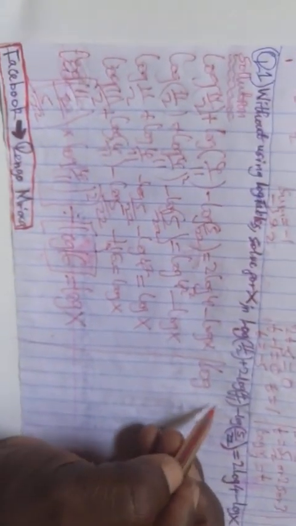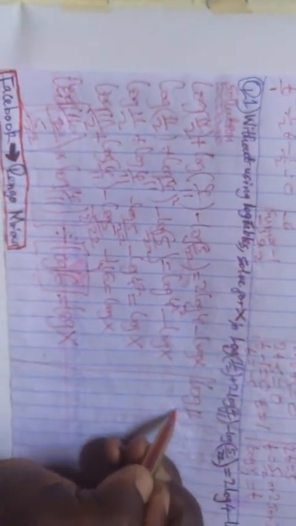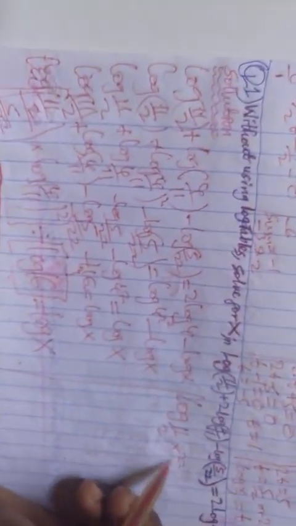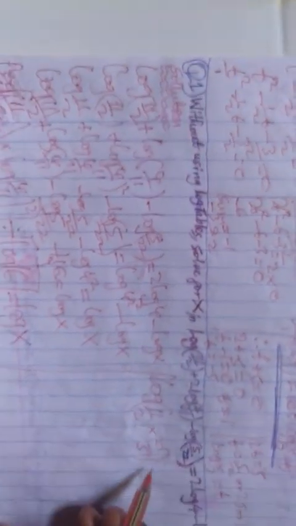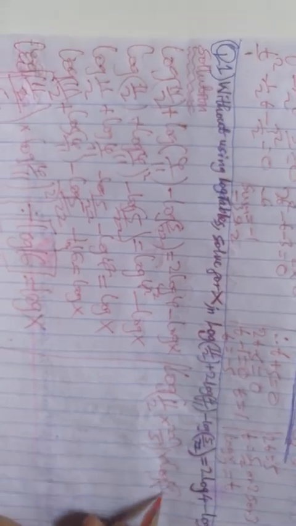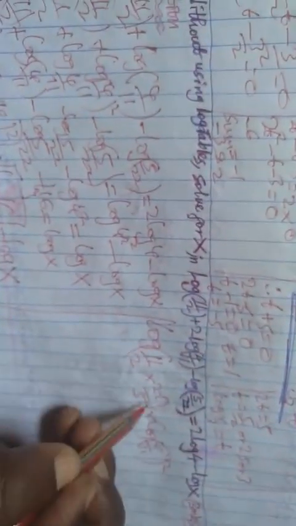By using BODMAS here, we say log of 11 over 2 times 22 over 5, times log of 4 over 11 squared.